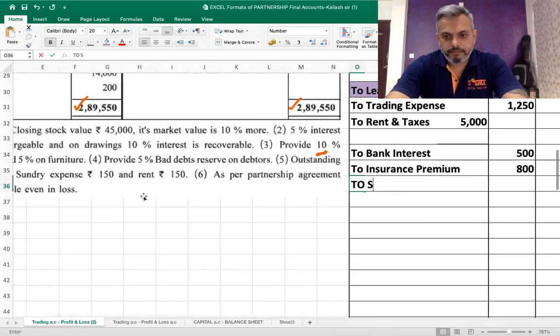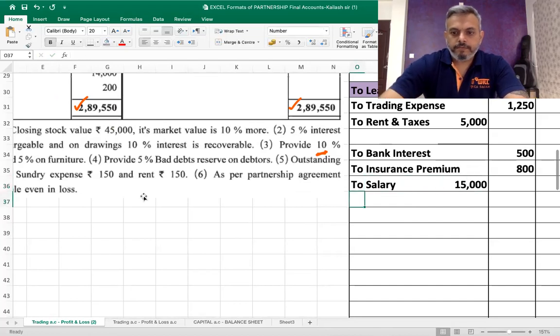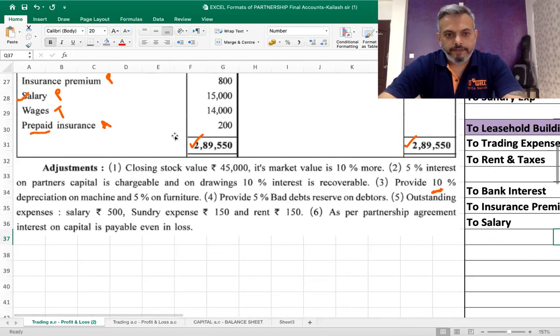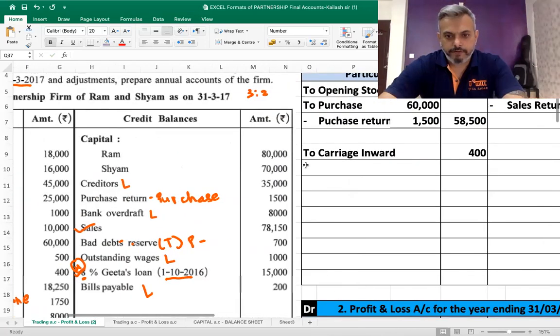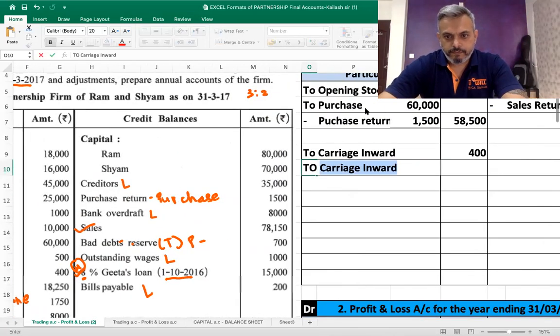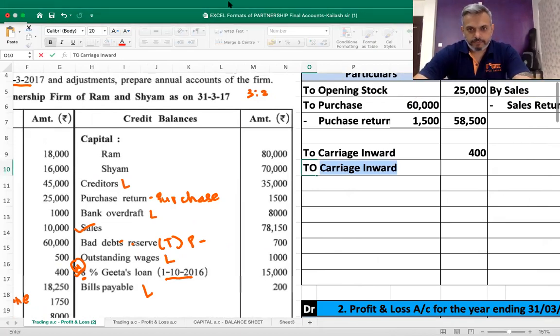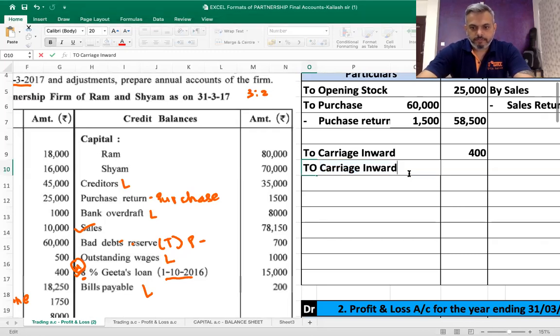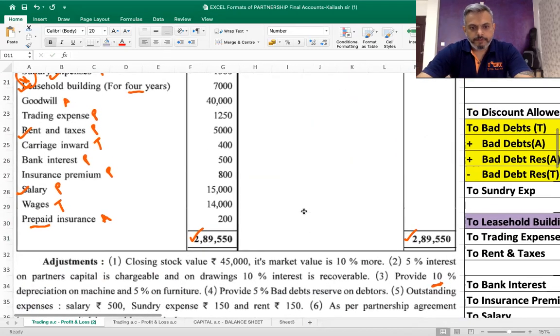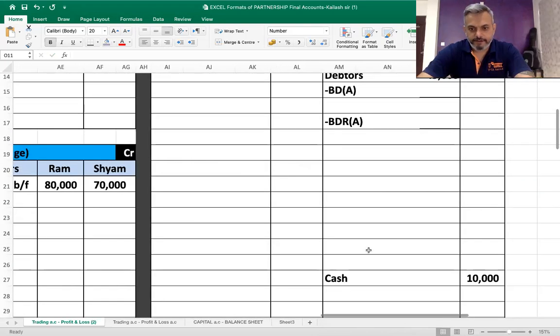Inner column. Wages 14,000. Outer column. Trading account. Prepaid insurance 200. Balance sheet asset.